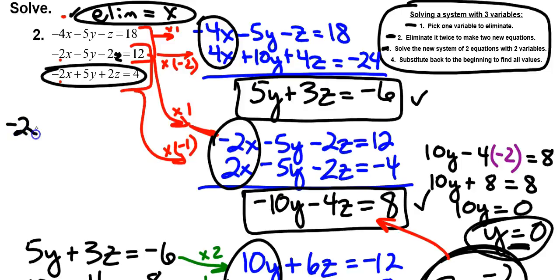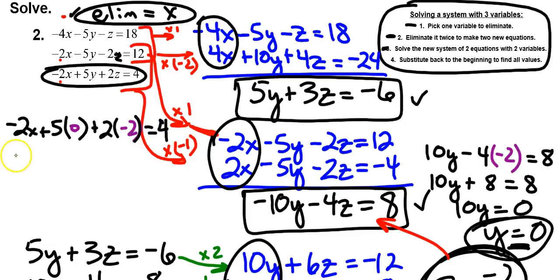I've got negative 2x, and I'm going to try and cram it in this little space, plus 5 times, we said y was 0, so that's a quick one. Plus 2 times, we said z was negative 2. And I apologize for running over some of these other lines, but that's going to equal 4.